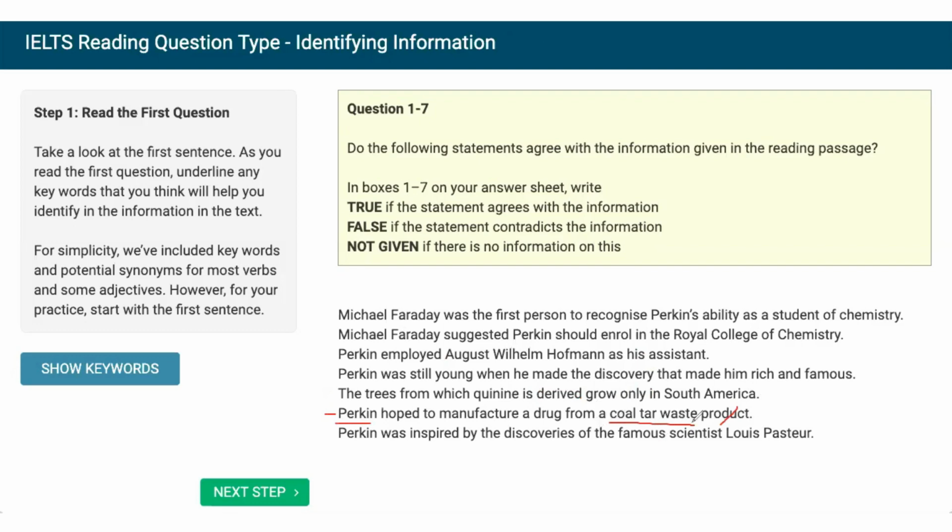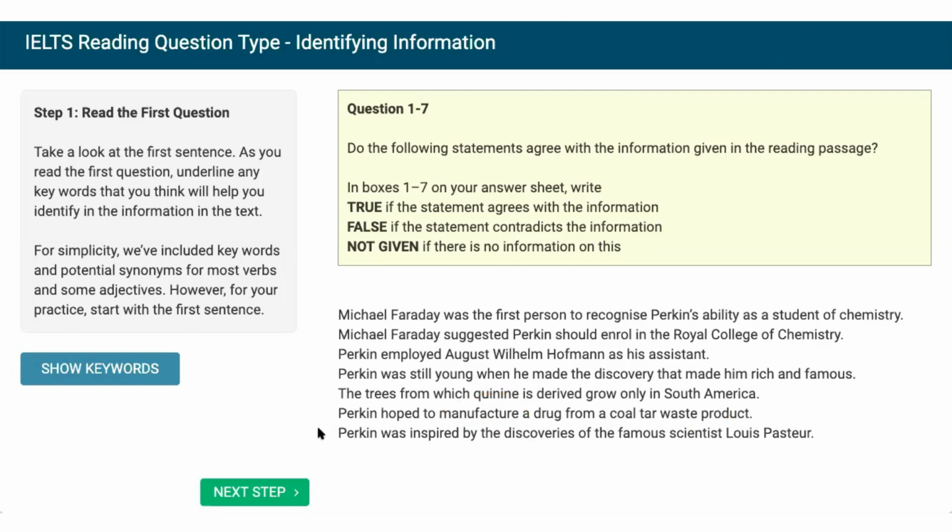So coal tar waste is something good that we can look out for and scan in the information presented to us. And manufacture is an excellent word because there are a lot of synonyms we could use for it. We could say produce, for example. That's a very common way to say manufacture, to produce or to create or to make. So you can be on the lookout for those words as well.